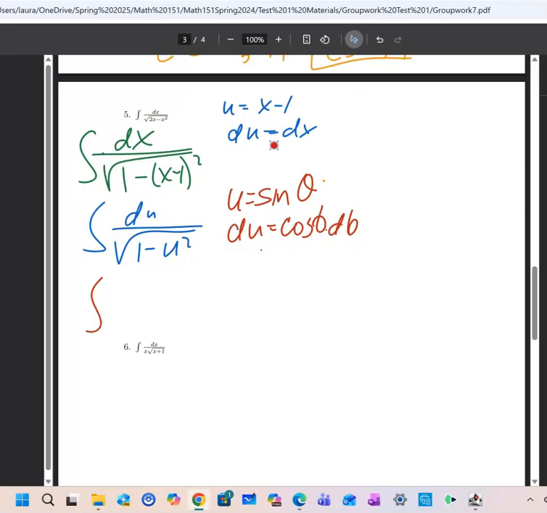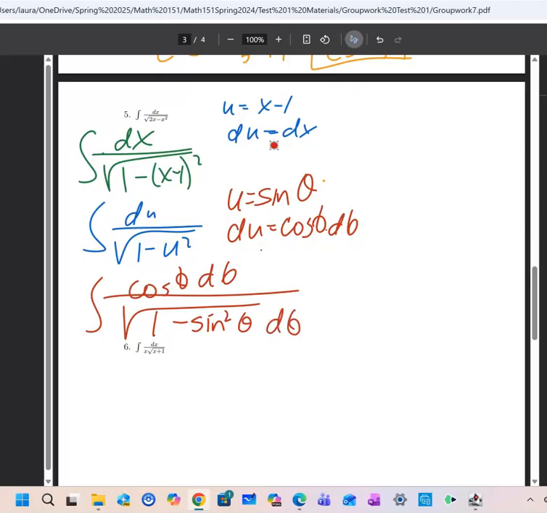Okay, let's do it. So cosine of theta d theta, and then what happens down here? Square root of 1 minus sine squared theta. Let me just go slow here.